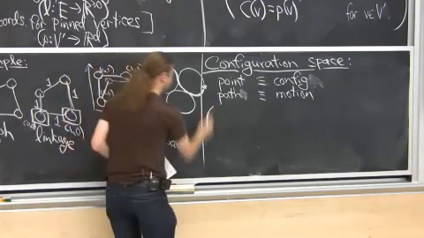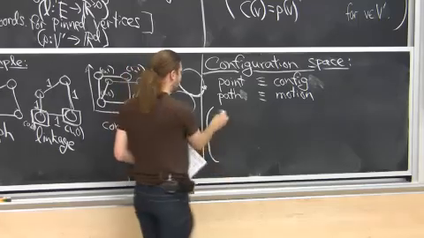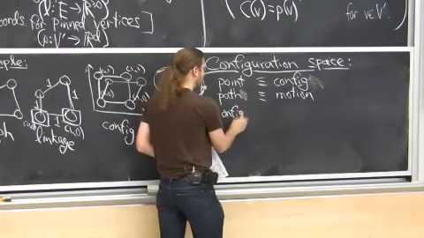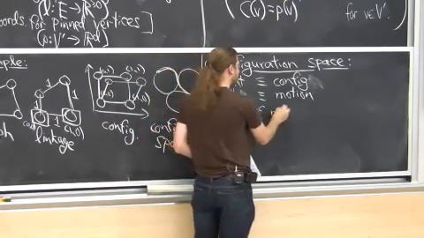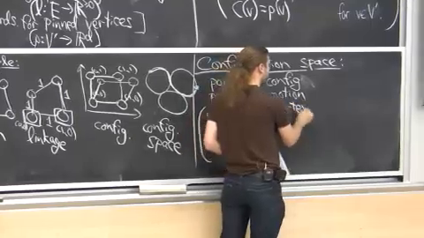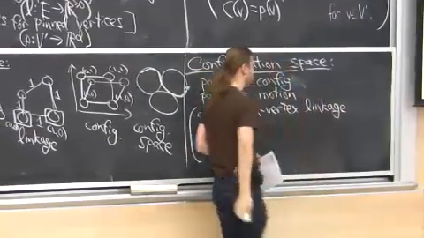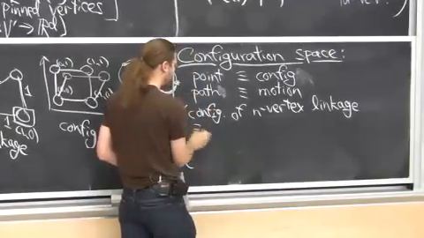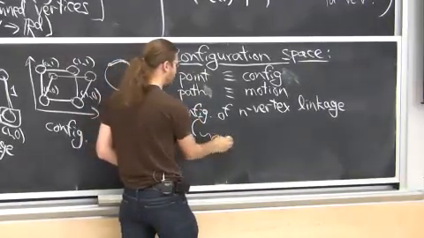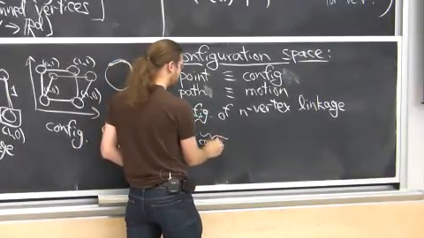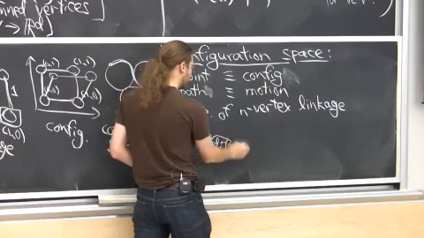Mathematically, I guess this is one big parenthesis, you can think of a configuration of an n-vertex linkage as a bunch of coordinates. You've got the coordinates for the first vertex, coordinates for v1.